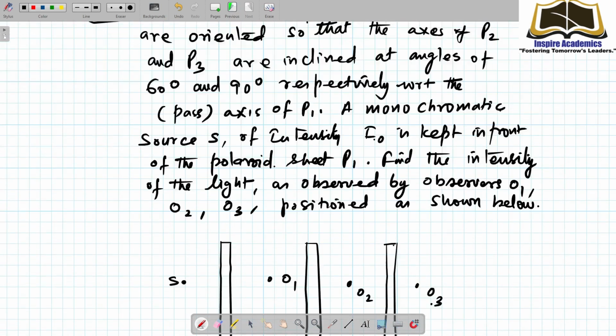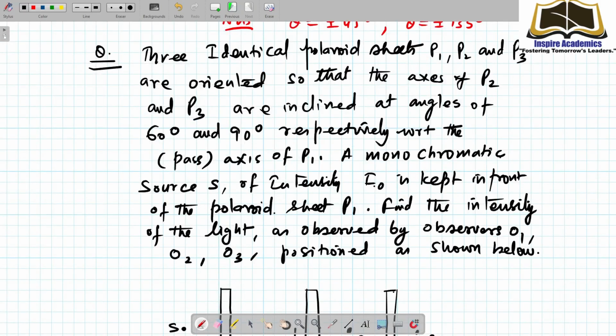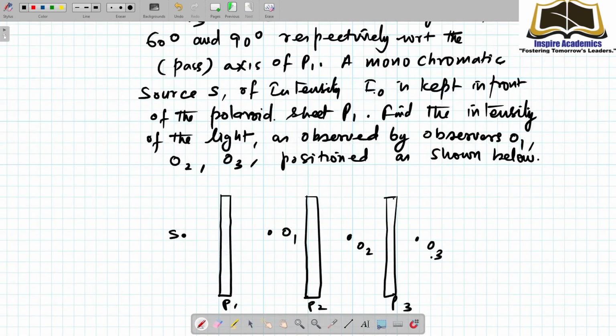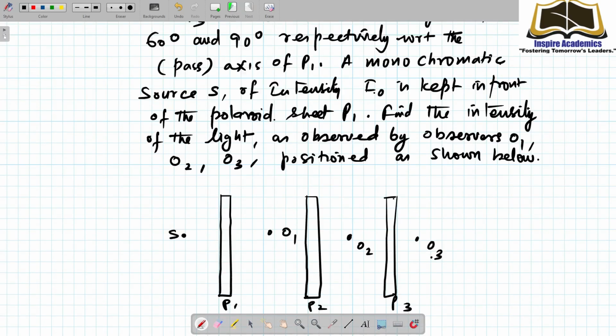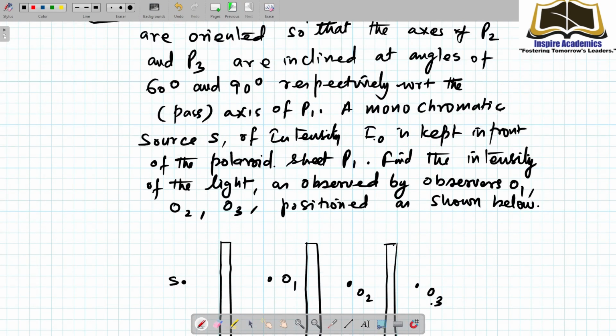It is important to read the question very carefully. Three identical Polaroids P1, P2, P3 are oriented so that the axes of P2 and P3 are inclined at angles 60 degree and 90 degree respectively with respect to the path axis of P1. So with respect to the path axis of P1, P2 and P3 are at 60 degree and 90 degree. Do you understand?